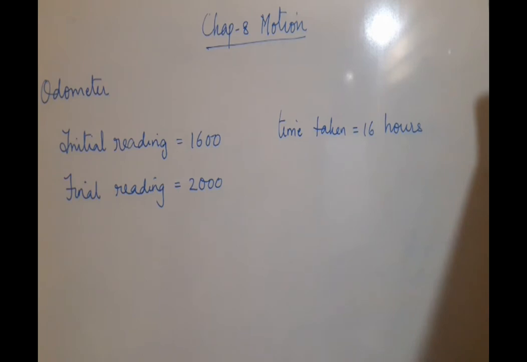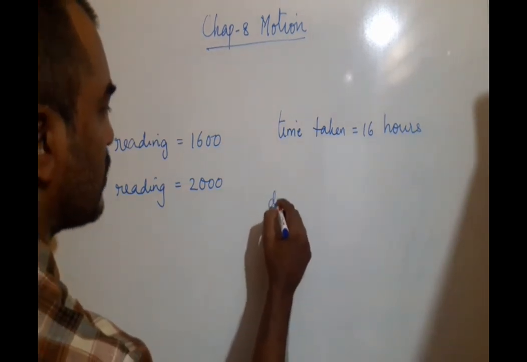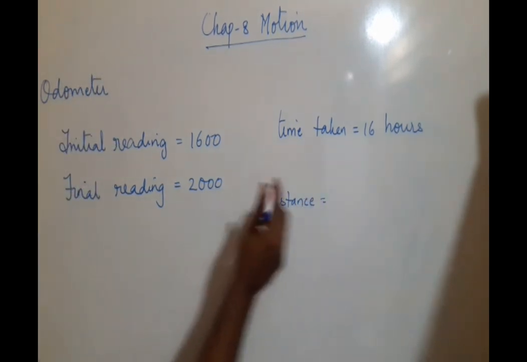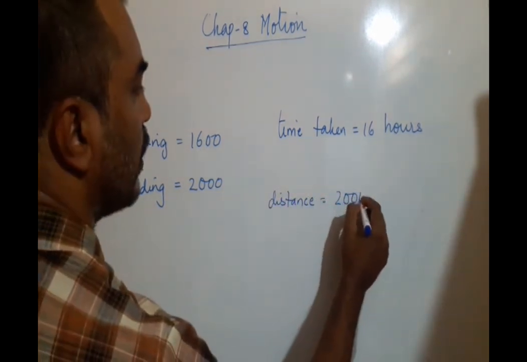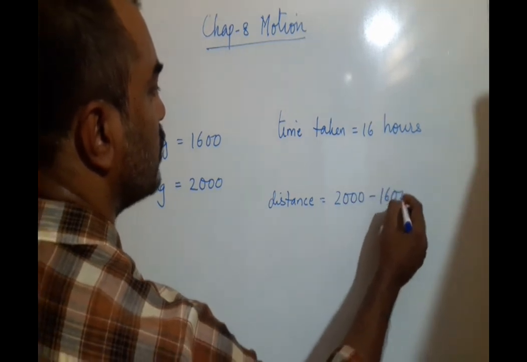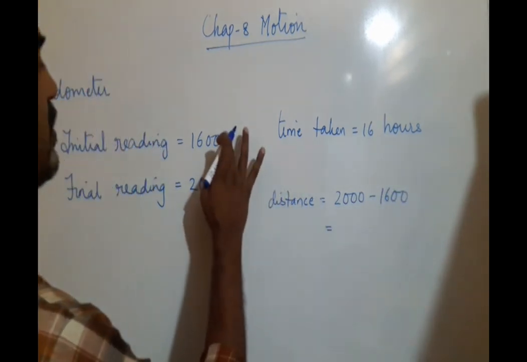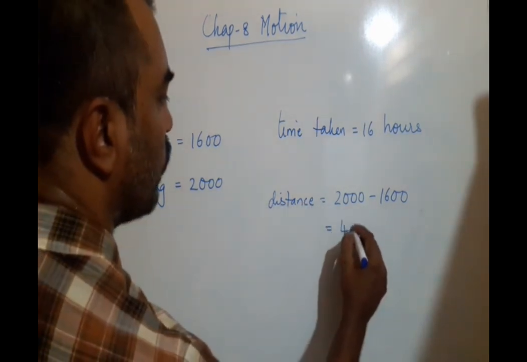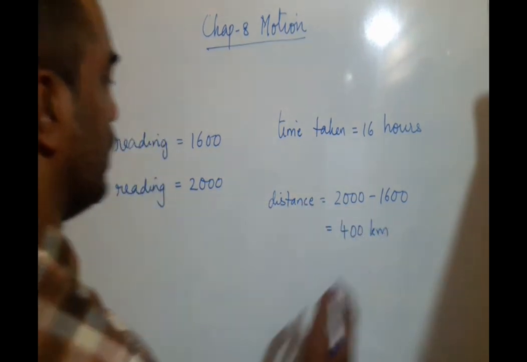But what are we doing here? We have only seen the total distance traveled and how much time is taken, and let us find out the average speed. So here the distance traveled, final reading is 2000 and initial reading was 1600. So if the number went from 1600 to 2000, the distance traveled was 400 kilometer.